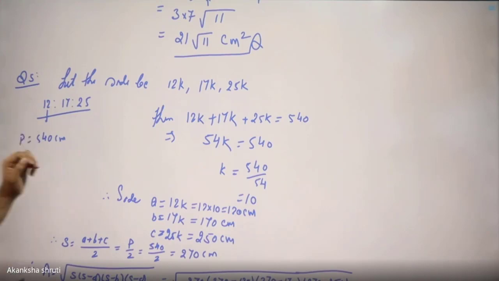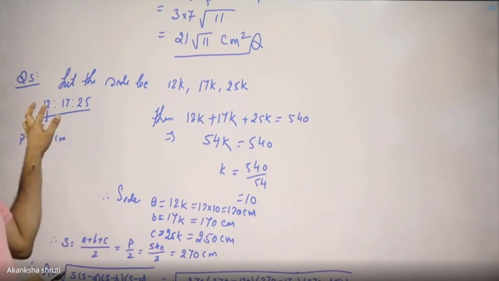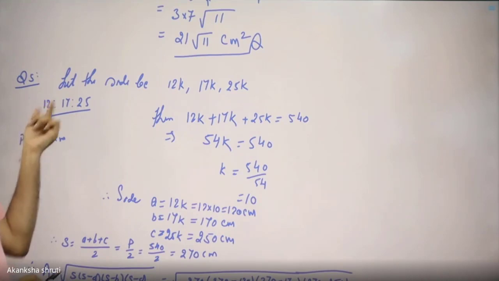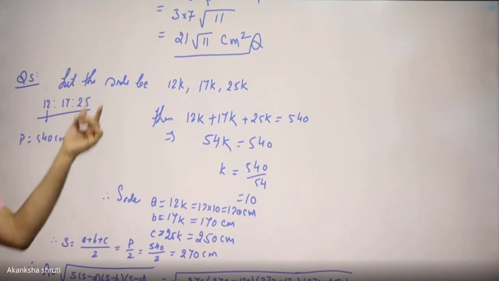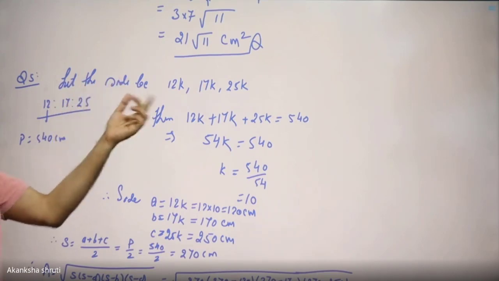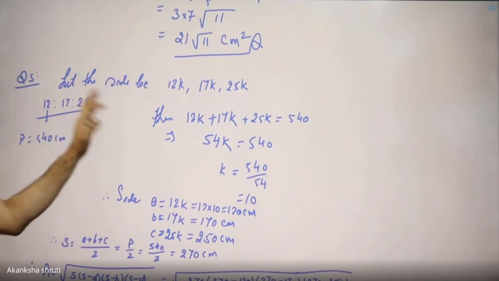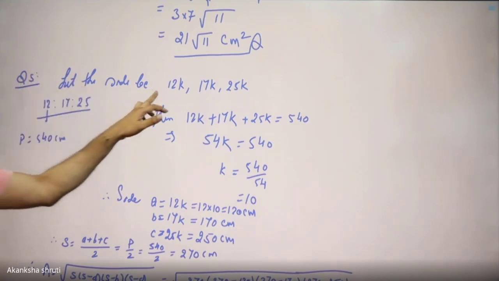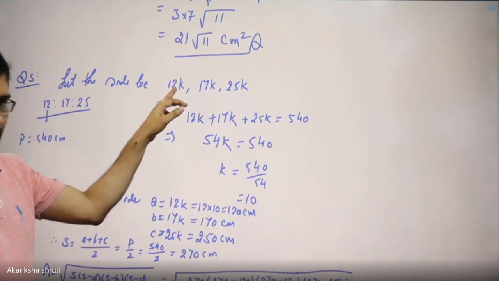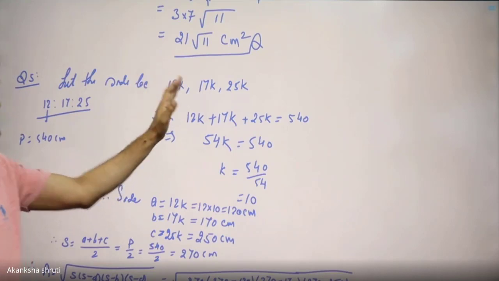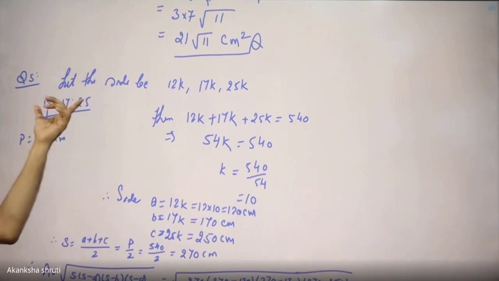Therefore, to get the exact side length, we consider this side as a multiple of 12, and in the same multiple, 17 and 25 will also be there. Wherever we have a ratio, we take the sides or angles as ratios multiplied by k. This k we need to calculate first by using the other condition. Get it? It was the ratio, but we need the exact side length for applying Heron's formula.